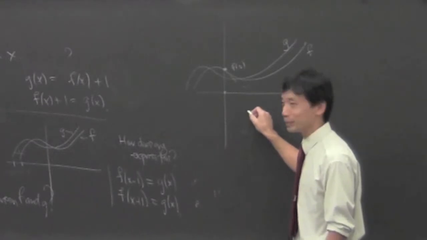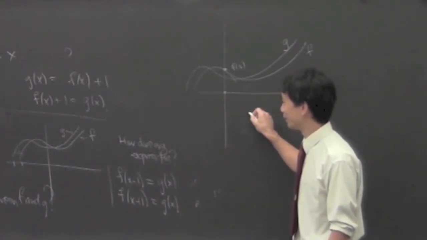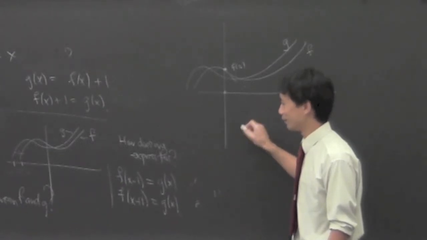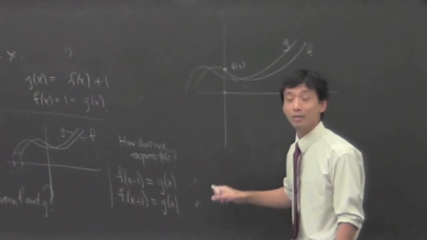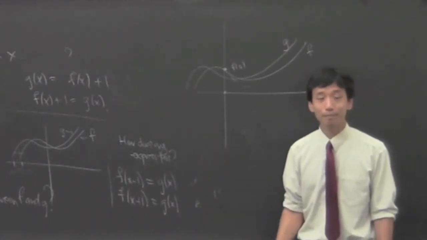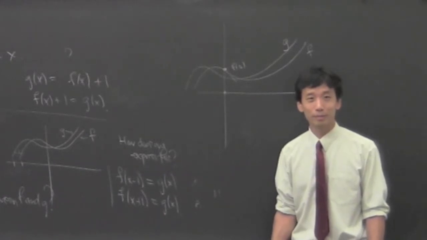Because with f of x, if x is 1, and then we're shifting it one more, let's say the function was x plus 1, as an example, then it would be 0 at x negative 1, whatever.